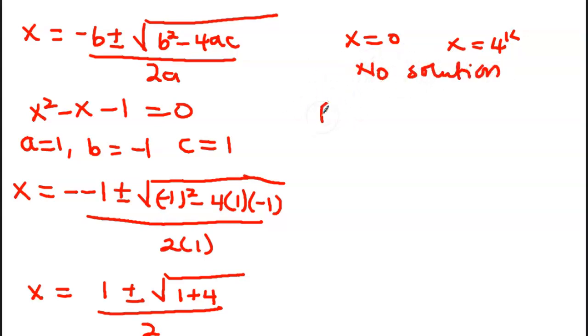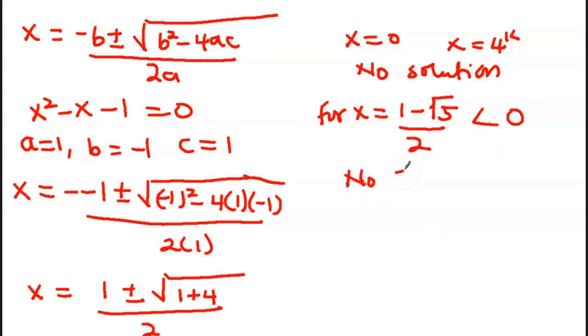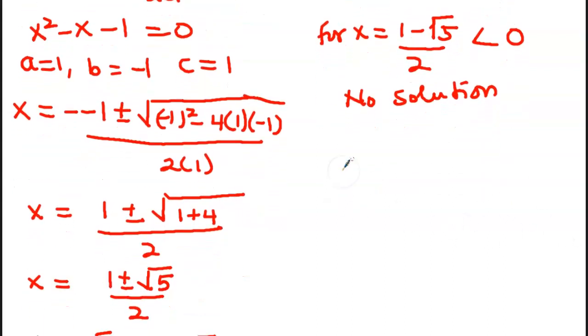And then for x is equal to 1 minus root 5 over 2, now this is less than 0. And when this is less than 0, then this one too has no solution. It's going to give us a negative. No solution.